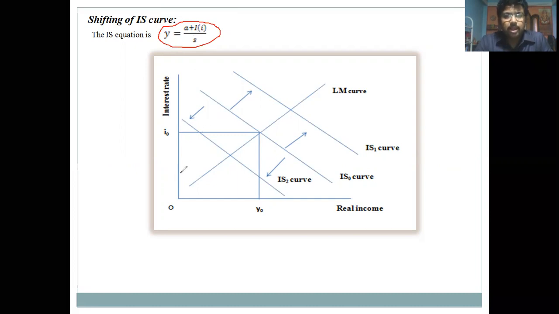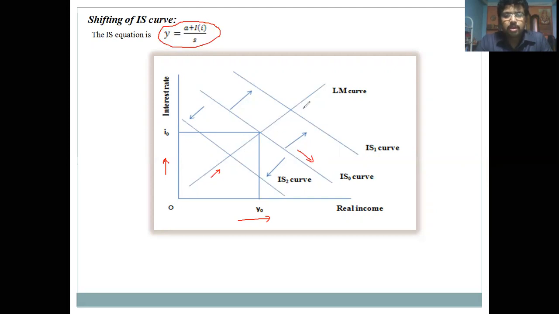Along the vertical axis we measure the interest rate, and along the horizontal axis we measure the real output or income. This is the LM curve, and this is the initial IS0 curve.